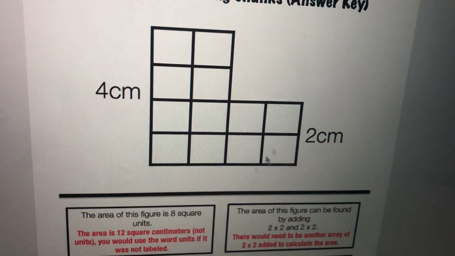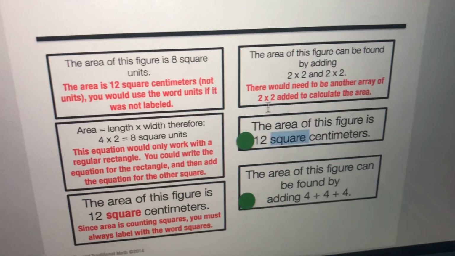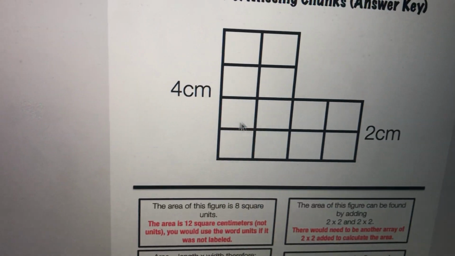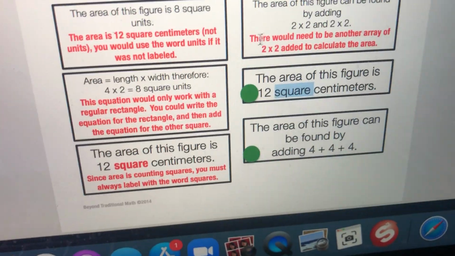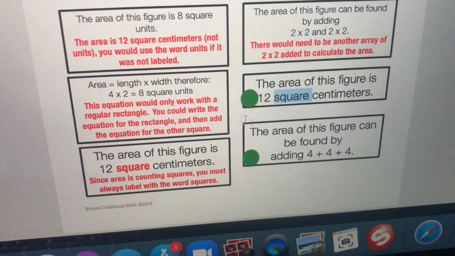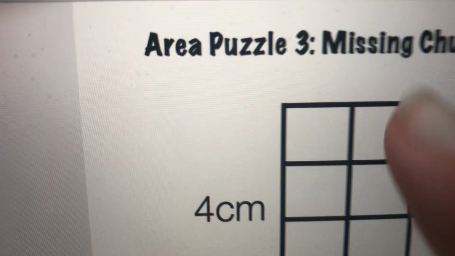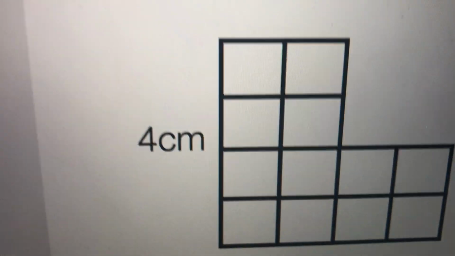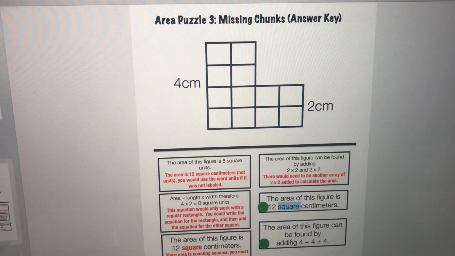So you would need another one. And then the area of this figure is 12 square centimeters is true because we're counting the whole square centimeter. And then you can find this figure by adding 4 plus 4 plus 4. You could add 1, 2, 3, 4 plus 1, 2, 3, 4 plus 1, 2, 3, 4. That was a fun one.